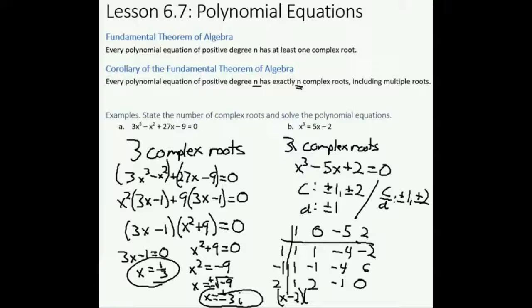Our polynomial that's left over is x squared plus 2x minus 1. And this doesn't factor, but we could use the quadratic formula to solve this.